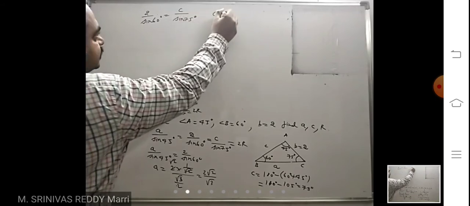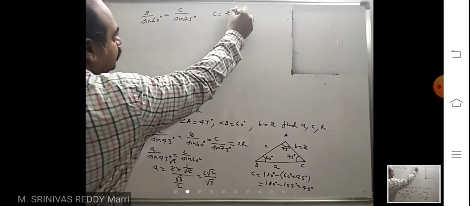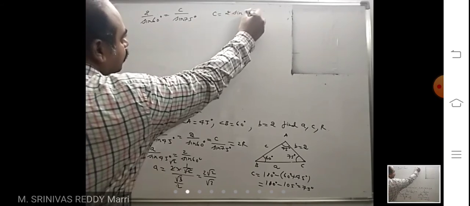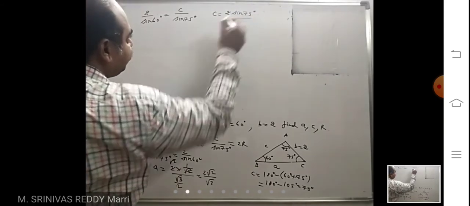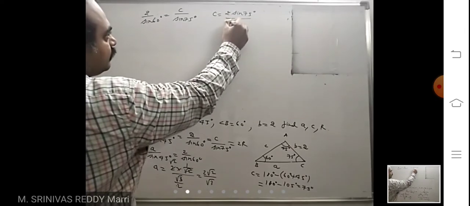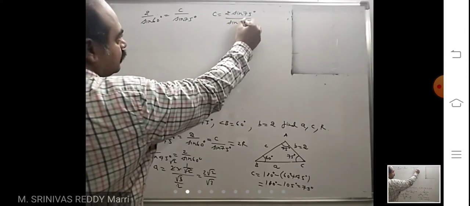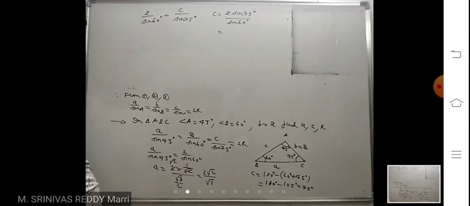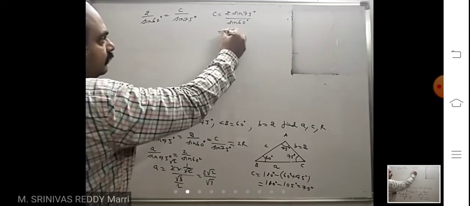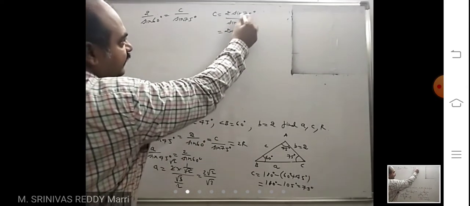So therefore C equals 2 sine 75 degree divided by sine 60 degree. So 2 into sine 75.